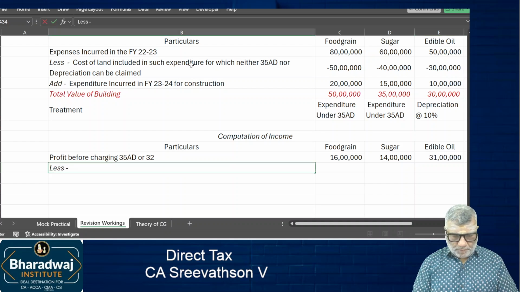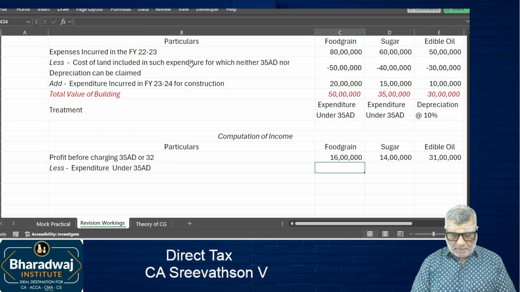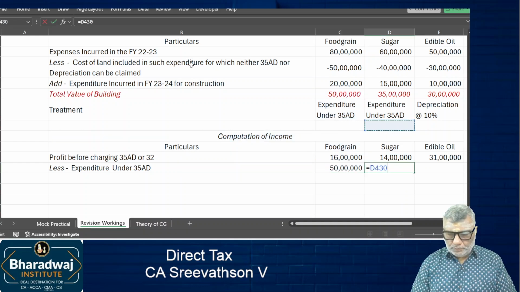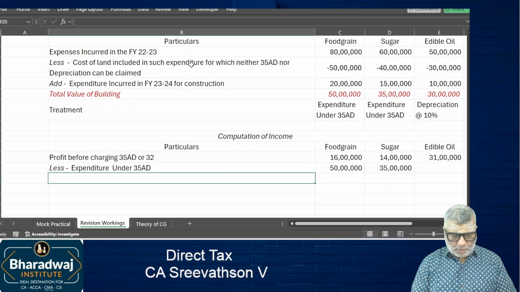Less: expenditure under 35 AD. Less: depreciation at the rate of 30% on building used for edible oil.